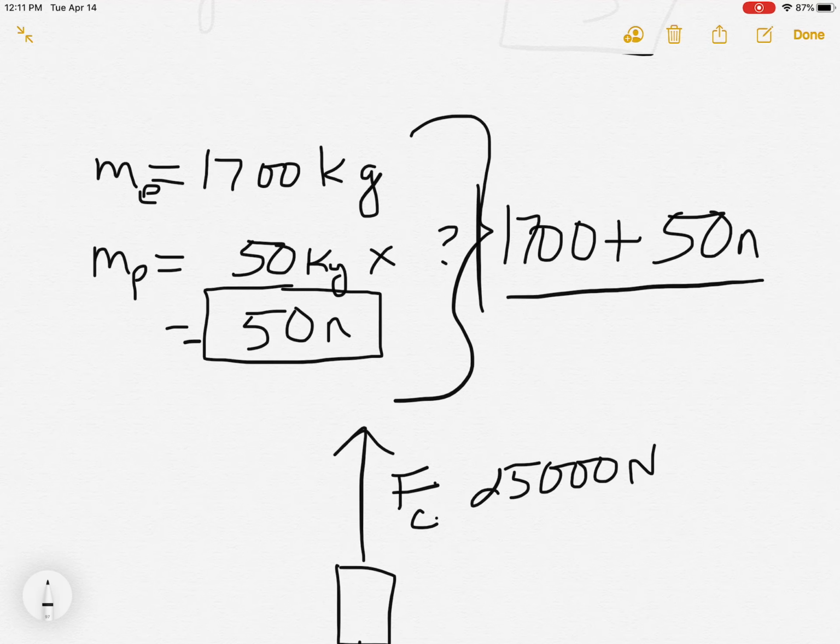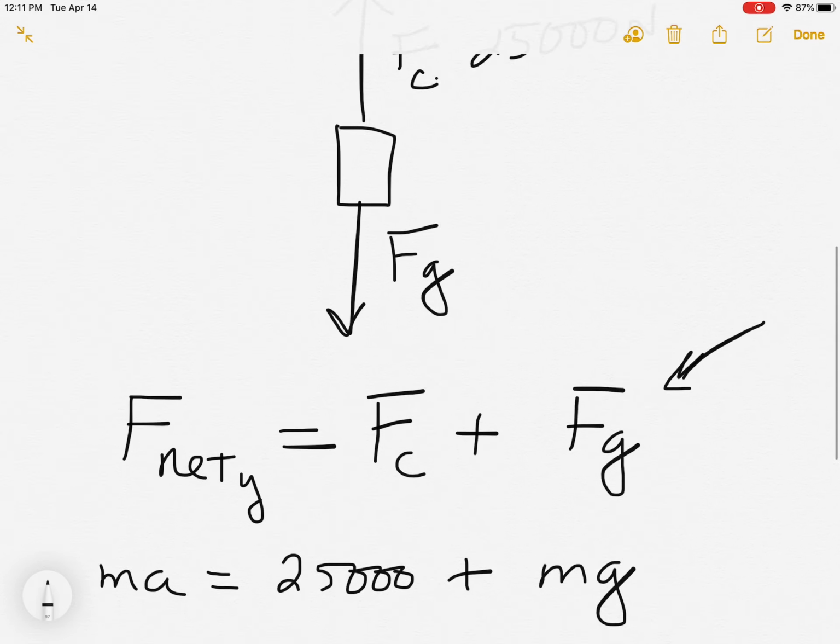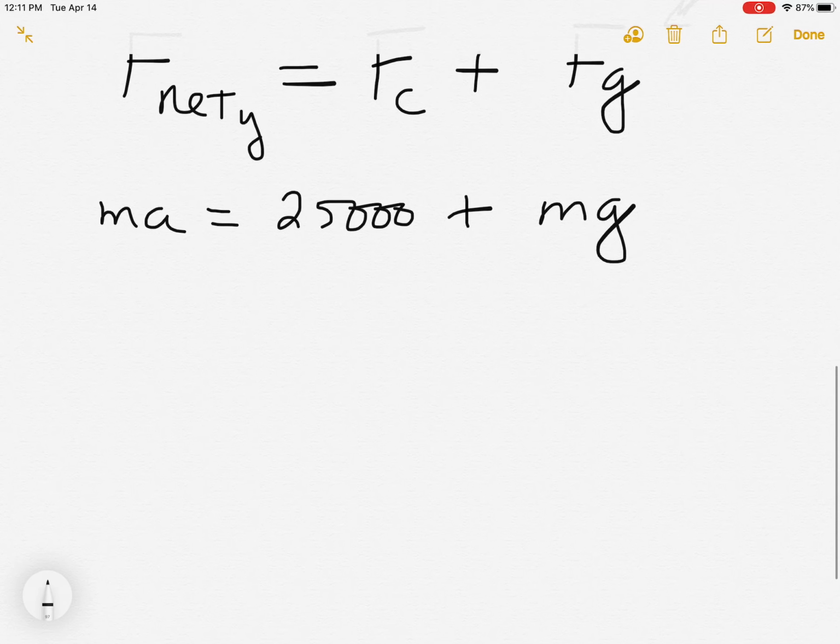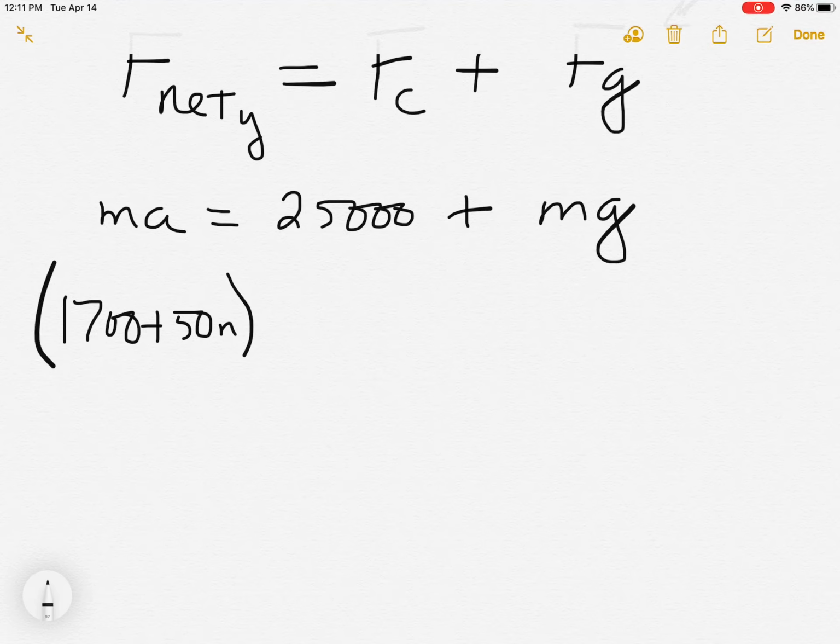The only difference here is our m is a little bit complicated. It's 1,700 plus 50n. So when we write in here our masses, we have to write 1,700 plus 50n times a.